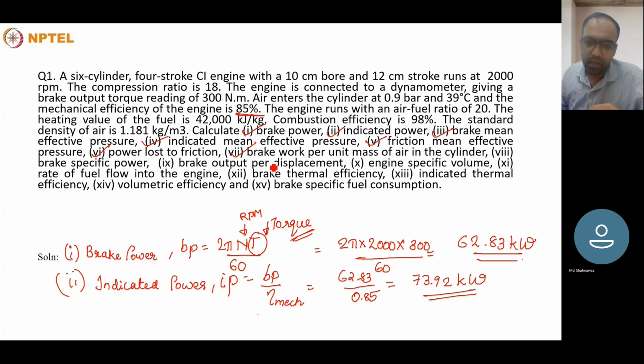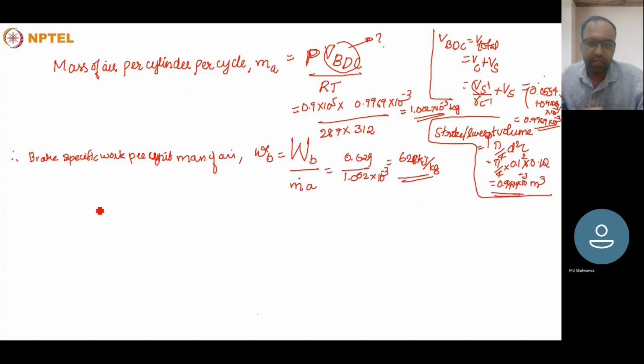The next we need to calculate the brake specific power. So brake specific power is the brake power per unit area. Keep in mind it is specific power. Brake specific power, it's different from the other quantity. So it's the brake power divided by the cross-sectional area of the piston.